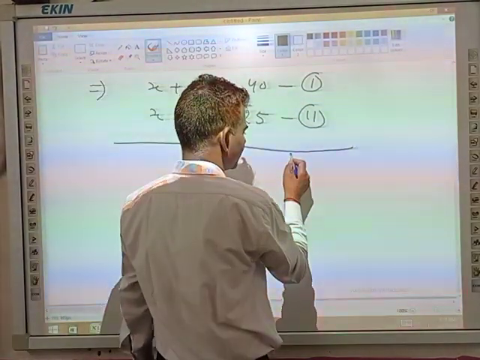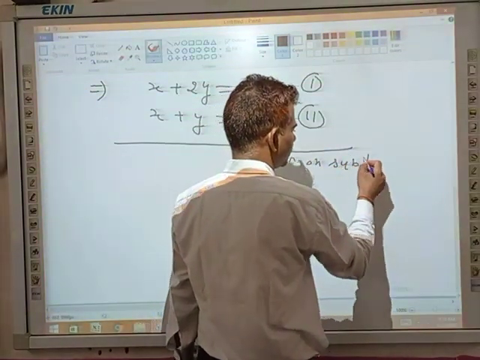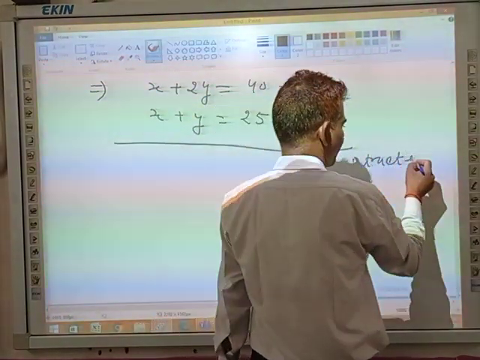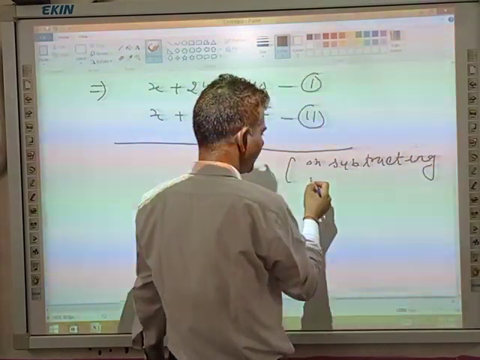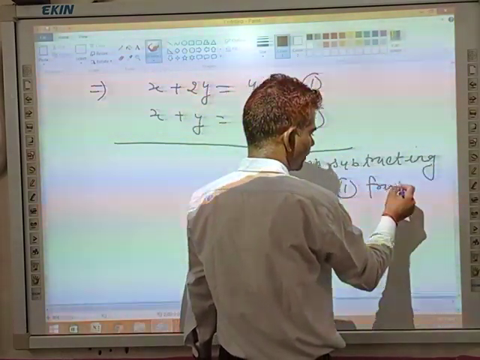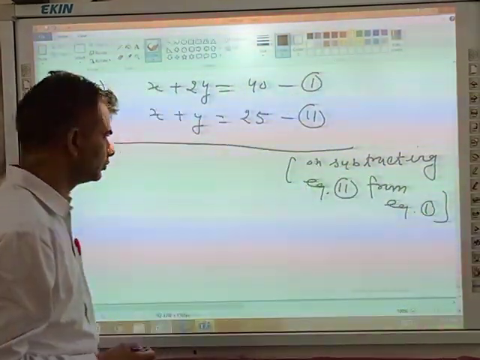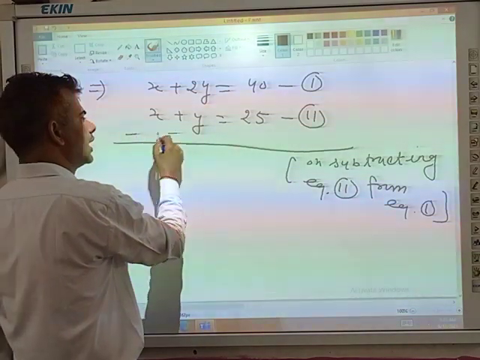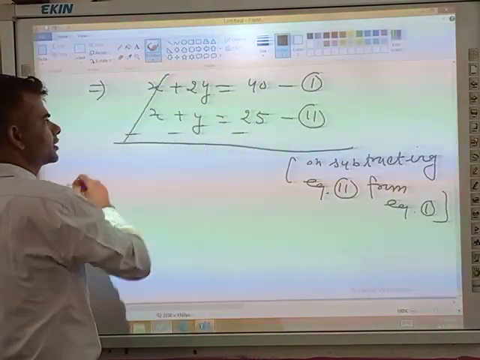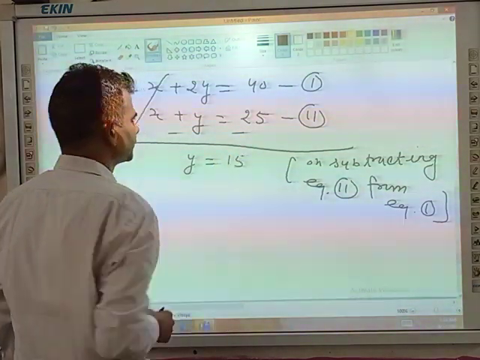On subtracting equation second from equation first, x cancels out, and y is 15.